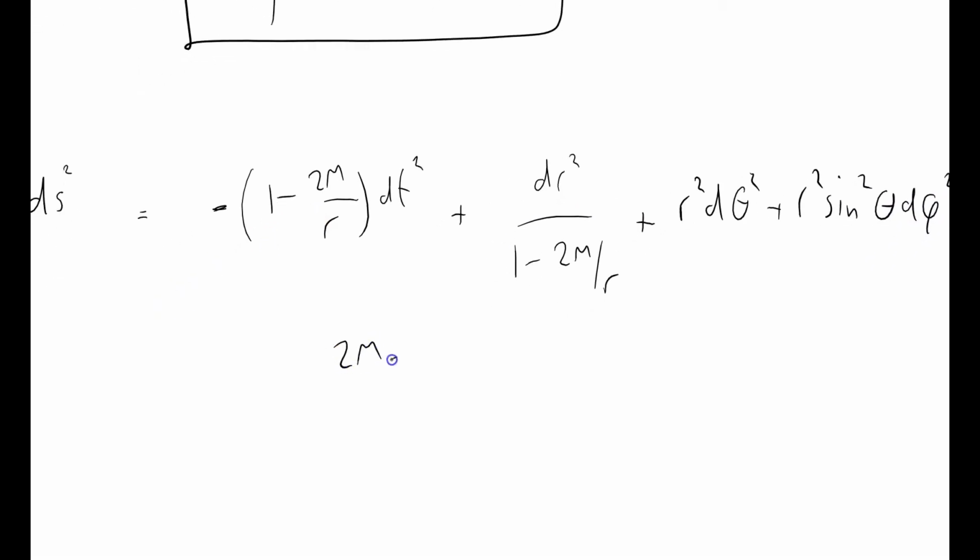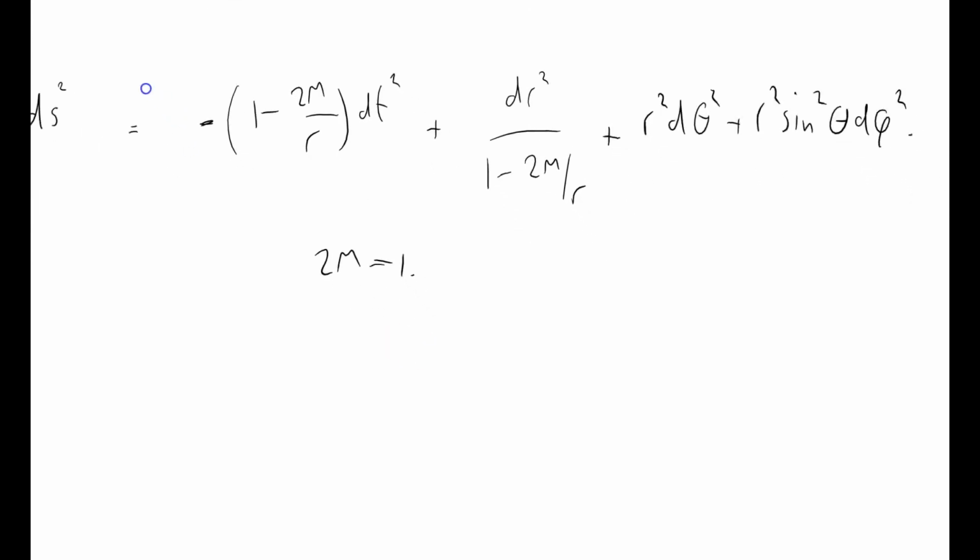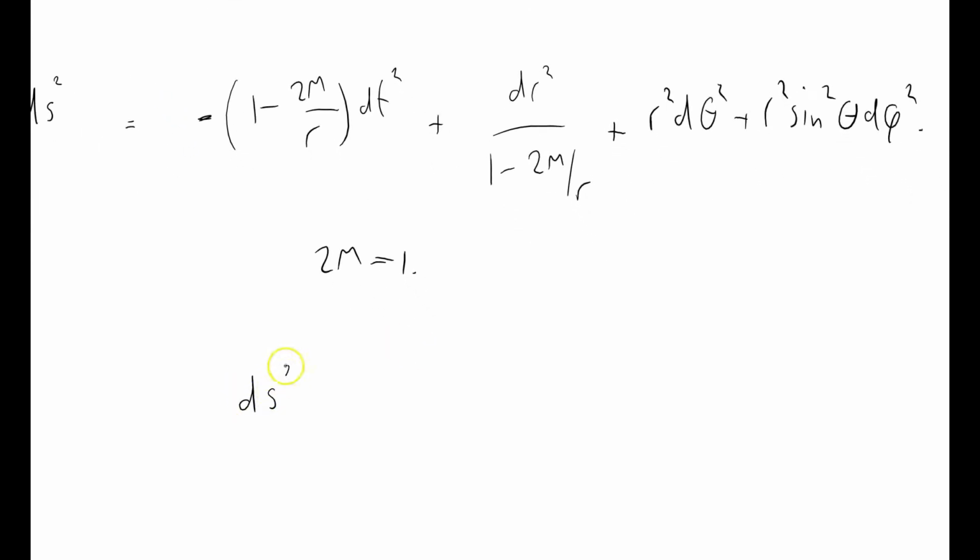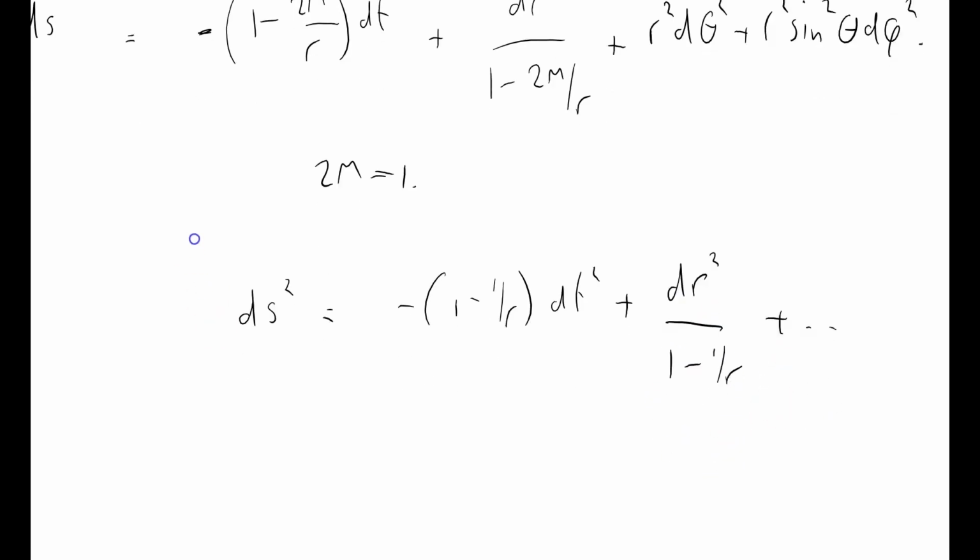And I'm going to say that 2m equals 1 because it drives me absolutely crazy. So ds squared equals minus 1 over r dt squared plus dr squared over the same thing plus the other terms.